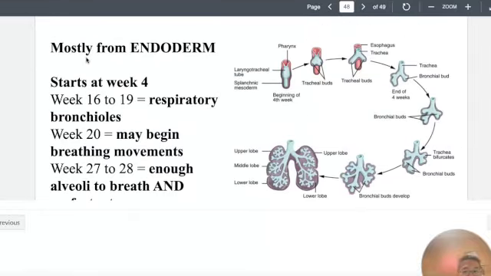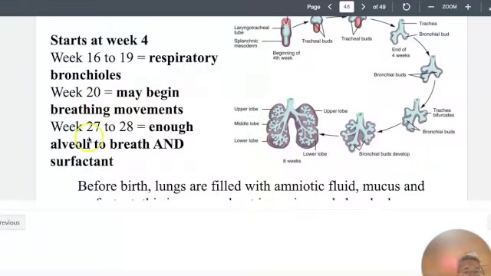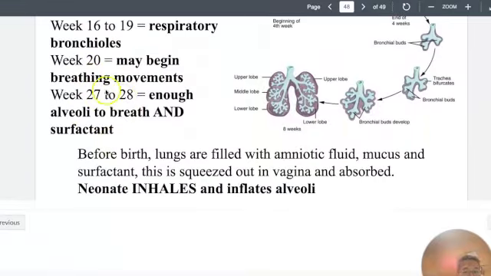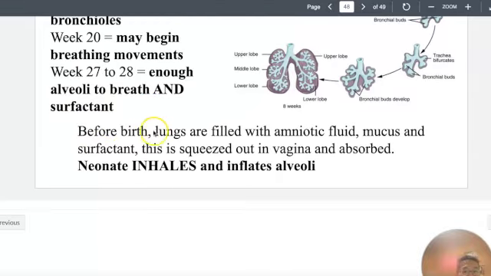And this is how the lung is formed. It starts at the 4th week. Here, at week 27, 28, that's when surfactant will start being produced in the cells. After birth, lungs are filled with amniotic fluid, mucus, and surfactant.